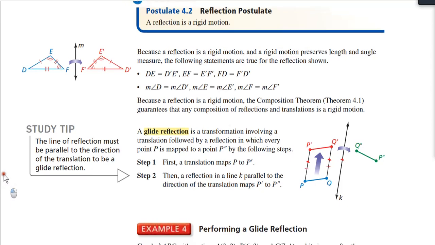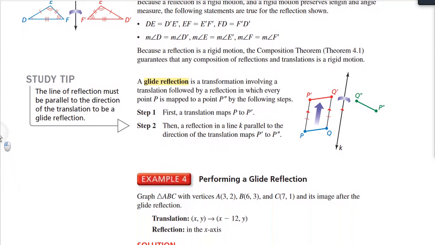A glide reflection is a transformation involving a translation followed by a reflection. Yes, I was right, it is a composition. Remember before we had a composition of two different translations? We can also have a composition they're calling a glide reflection, which is a reflection and a translation. You can see the two-step process here.